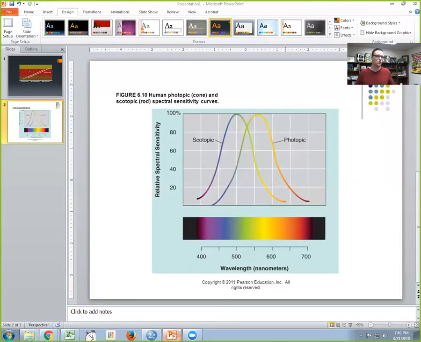So here, I'm going to try and share it with you again. Here you see the absorption spectrums, or the spectral sensitivities of both photopic vision, so your cones, and scotopic vision, so your rods. You'll notice that your cones are sensitive to longer wavelengths, whereas your rods are sensitive to shorter wavelengths.